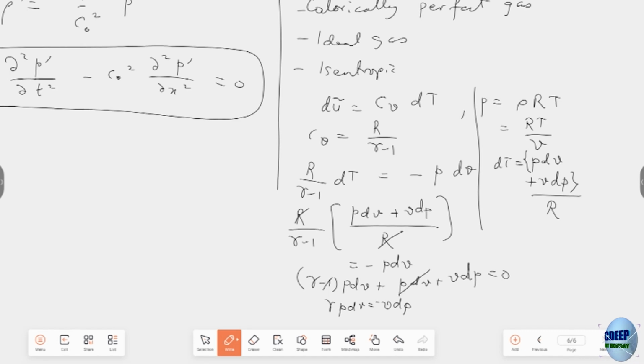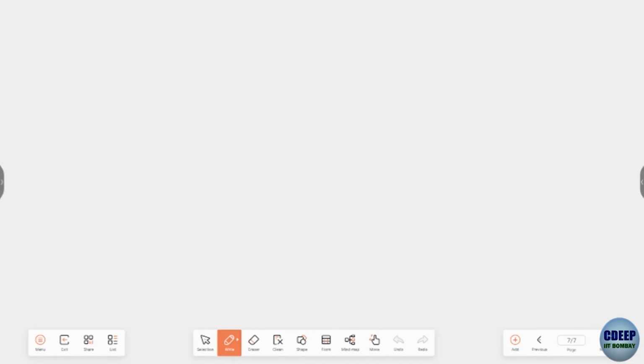Now, of course, what we want to get out of this is what we started out with, which was this C naught square. So we defined C naught square via d rho by dP at P0 being 1 by C naught square. So I want to connect that C naught square to what we have, and all of you know all these connections. So just going from there, gamma P dV equal to minus V dP. So dV equal to d of 1 by rho, which is minus 1 by rho square d rho.